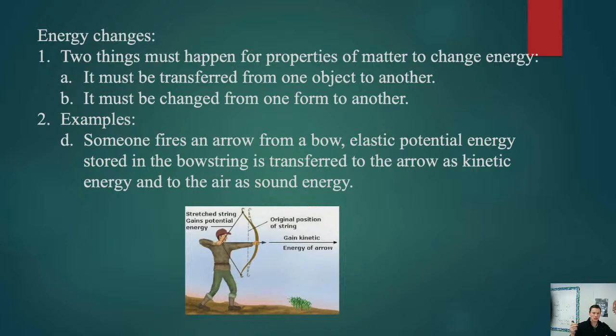It has a potential energy. But when you add another piece of matter or object, like an arrow, into this potential energy of a bow, you can cause, again, a change of energy in the matter. To the arrow as kinetic energy and to the air as sound energy. You see that in the picture as well.